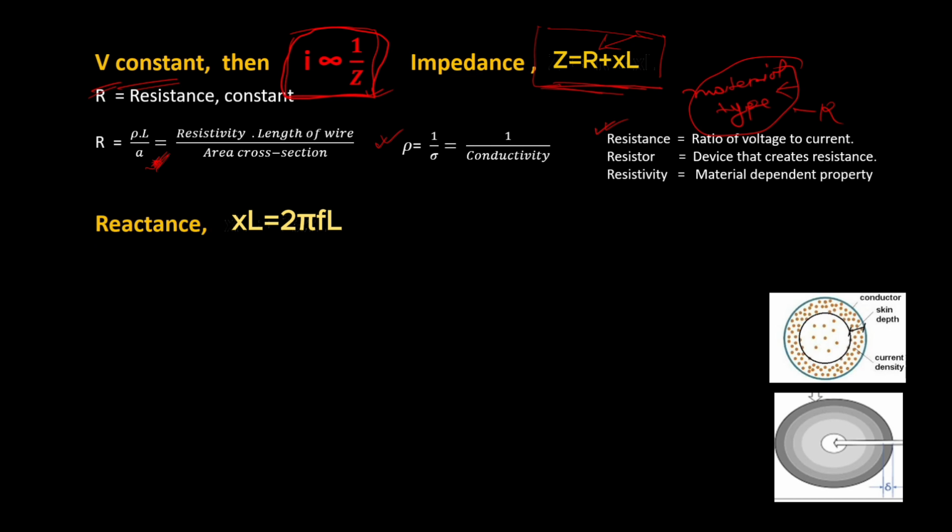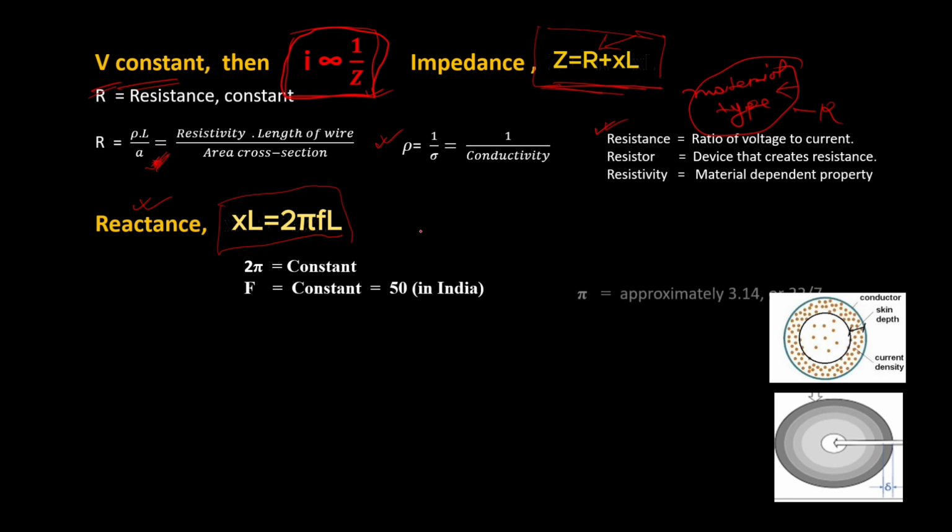Now reactance: impedance is equal to R plus XL, where XL is the reactance. We know the equation: XL is equal to 2 pi FL. 2 pi is constant, its value is approximately 3.14 or 22 by 7.